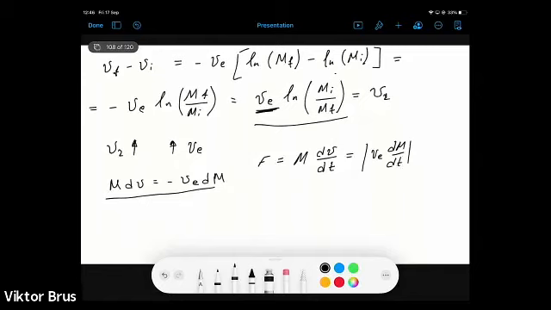So it's equivalent. It's either the mass of the rocket times the change of its velocity, or the velocity of the exhaust times the change in the mass, because we eject these exhaust gases out from the rocket.